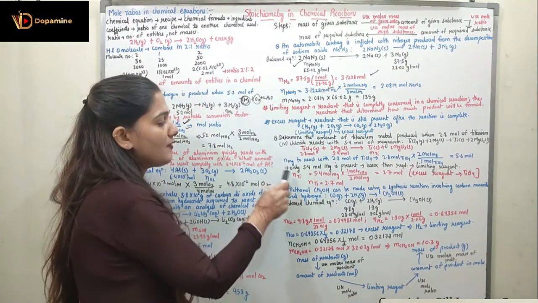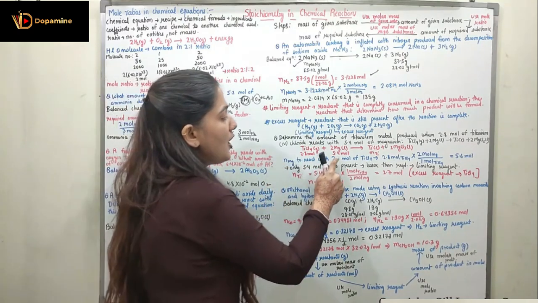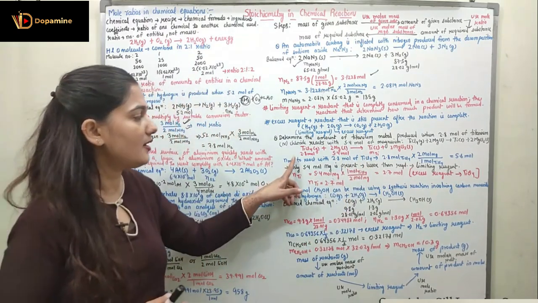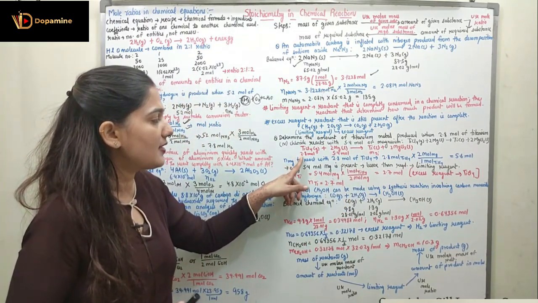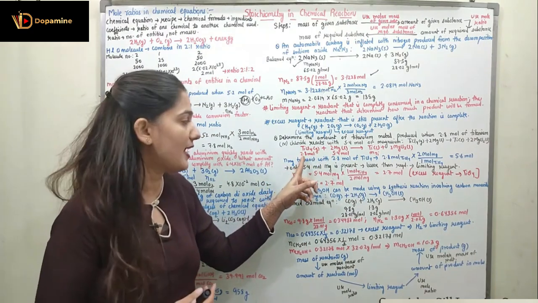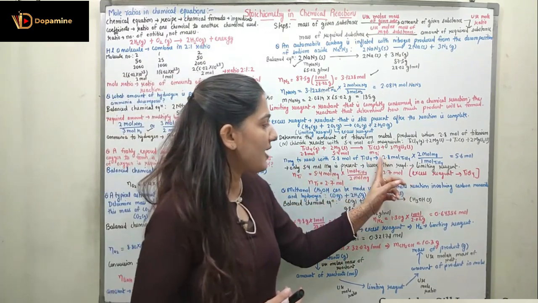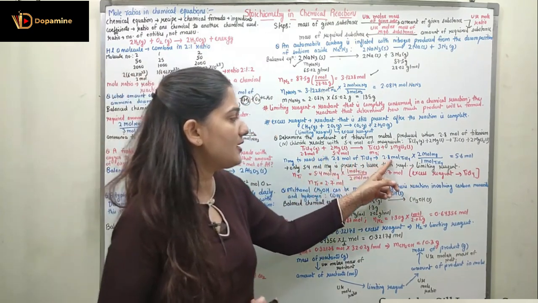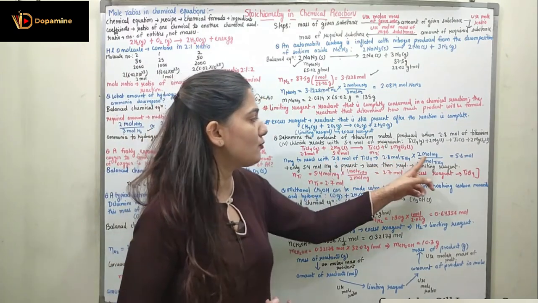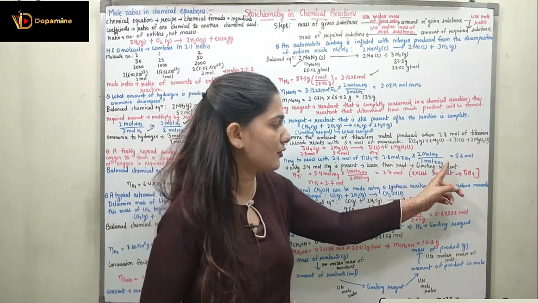So first of all we are finding out the number of moles of magnesium needed to react with 2.8 mole of titanium chloride. I am taking the titanium chloride as 2.8 mole and finding out how much magnesium is required. We can find this with the help of coefficients: 2.8 mole of titanium chloride multiplied by 2 mole of magnesium divided by 1 mole of titanium chloride.